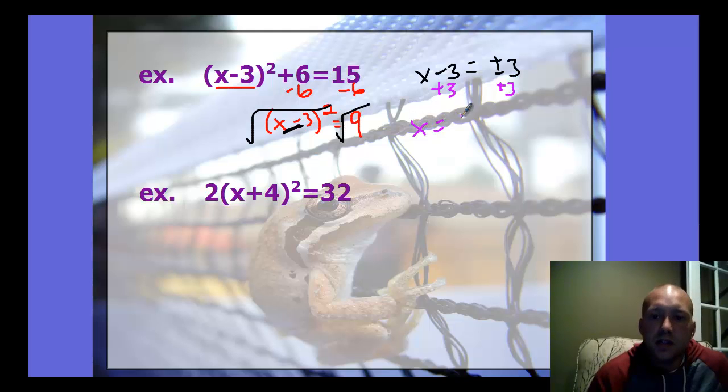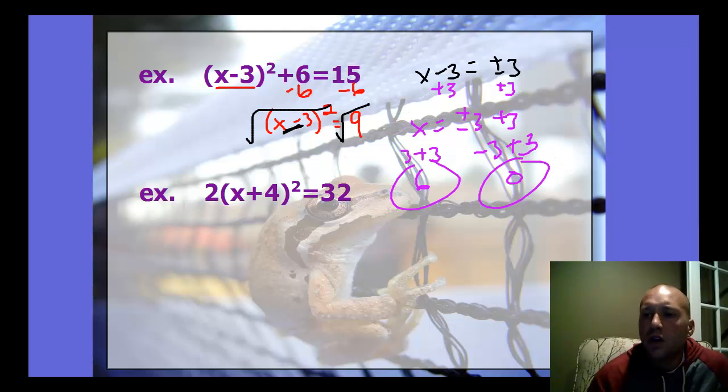So we find x is plus or minus 3 plus 3, which means we have to do 3 plus 3, or 6, or we do a -3 plus 3, which is 0. So both of those are answers to this quadratic, which makes sense, how we have 2 x-intercepts for a quadratic. So here, to get the squared term by itself, we want to divide both sides by 2.